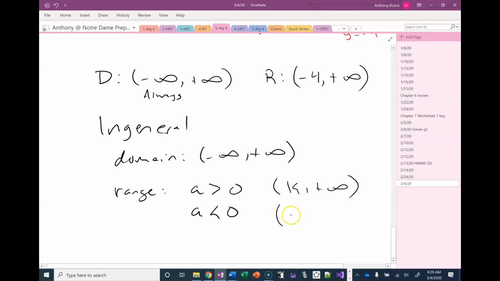If the A value is negative, it's going to be negative infinity up to k. Because what the negative A value is going to do is reflect the graph, so now it's underneath the asymptote as opposed to above the asymptote. So that's all that's going to happen there. So easy to check that. All we need to do is look at the value for A, and we'll know exactly which situation we're in.